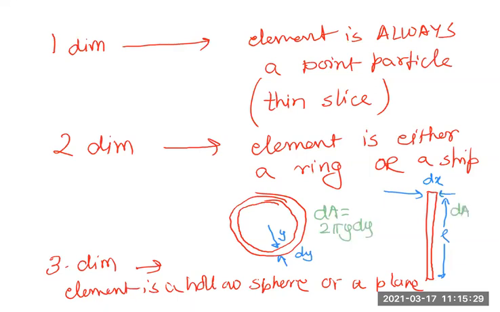Area of this area. So for a hollow sphere, I will have y dy, and the volume will be 4 pi y square dy.